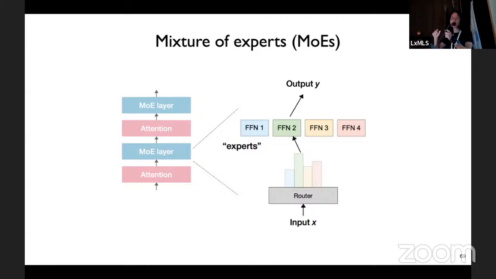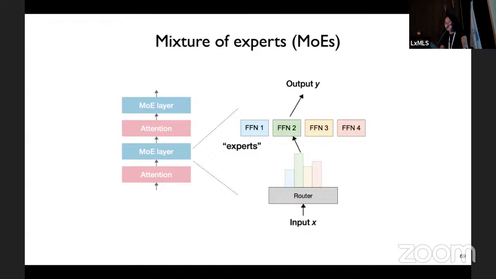But you can replace the feed-forward layers by a mixture of experts model. The idea is to have multiple experts. Let's say you have M experts, you can scale up the number of parameters in the feed-forward layers by M times.